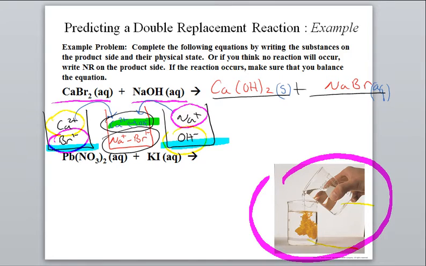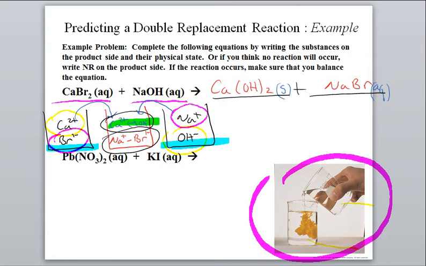So for the calcium hydroxide, it's the insoluble one, it's the precipitate, so we get an S. S on the chemical reaction means solid. Sodium bromide is still soluble, so soluble means AQ. As far as balancing, you could make a list, but sometimes you can just visually see and figure out what it should be.